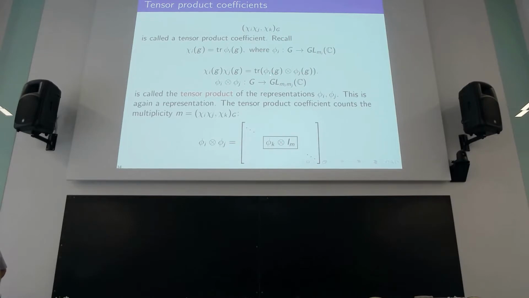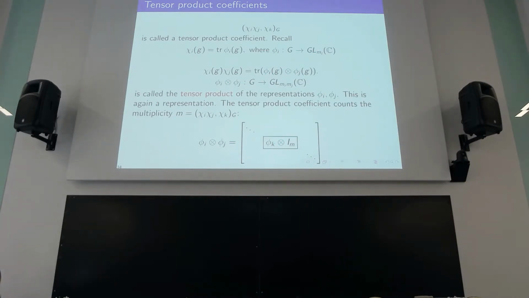You may think of this phi I G tensor phi J G as a big matrix, and associating this big matrix to each element of G is another homomorphism, so it is a representation of G. So whenever you are given two representations, phi I and phi J, then the Kronecker product or tensor product is another representation, and the dimension is just the product of these two.